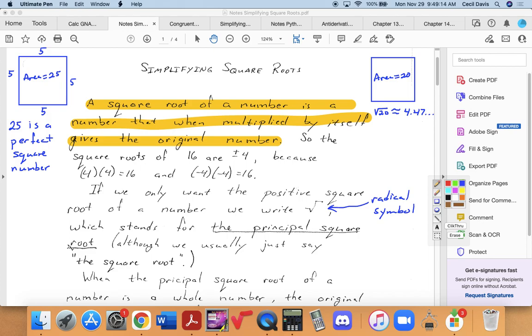What other kinds of numbers are perfect square numbers that you can think of? 16, sure. 36 is a perfect square number. 64 is a perfect square number. 144, very good. 121, yes. 9 is a perfect square number, yes. 216?